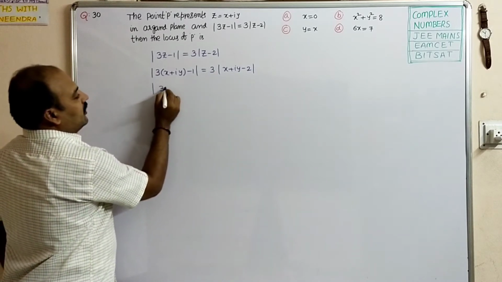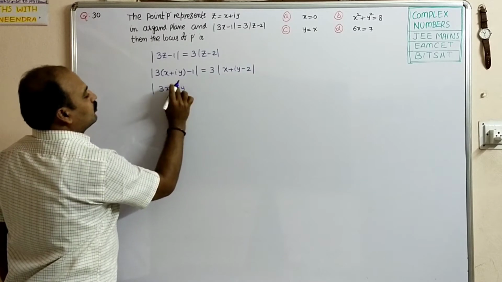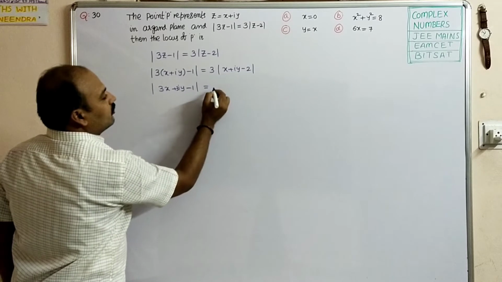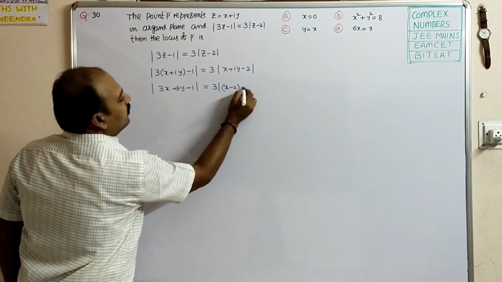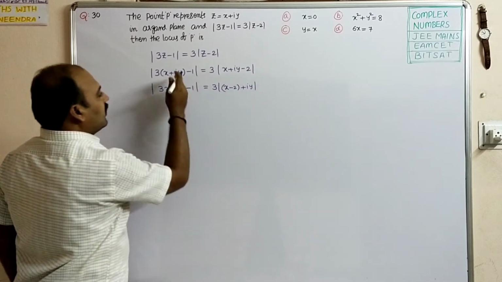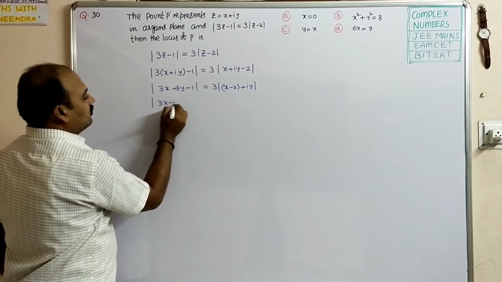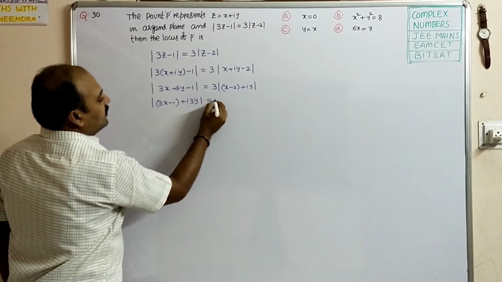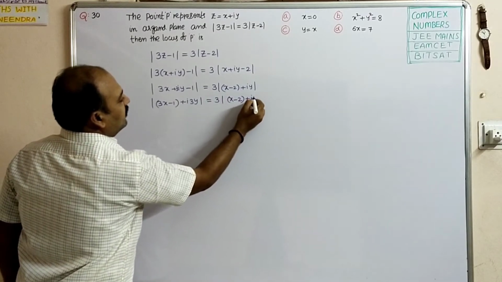That is, mod (3x minus 1) plus i into 3y equals 3 into mod (x minus 2) plus iy.